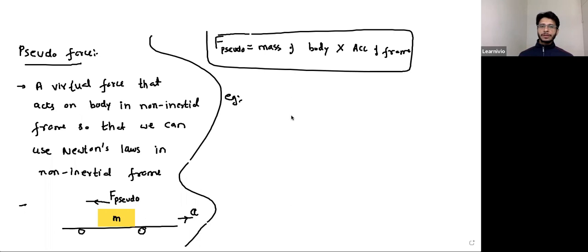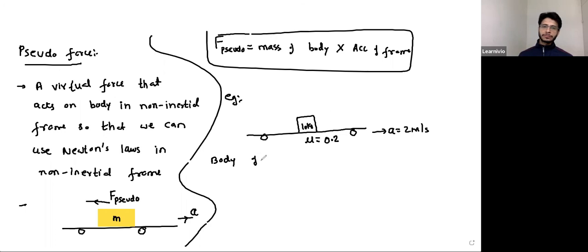To make this very clear, let's take a truck. This truck is accelerating with 2 meters per second square. A body of mass 10 kg is placed on the truck. The coefficient of friction between the truck and the body is 0.2.